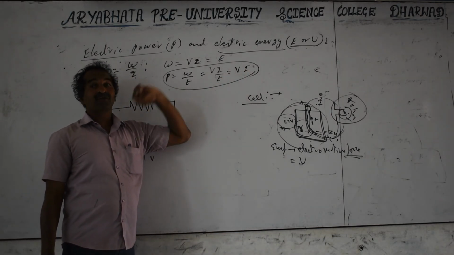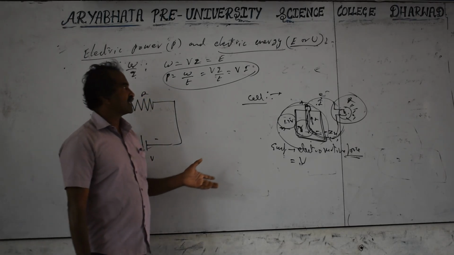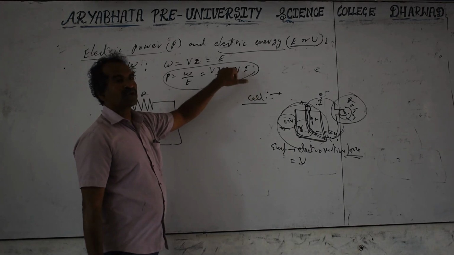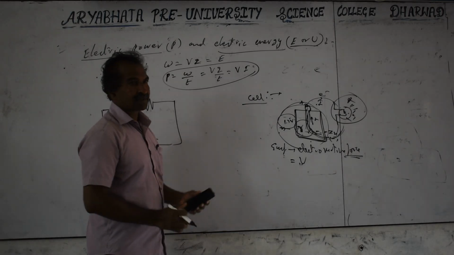And V equals IR is the formula we have from Ohm's law, where R is the resistance value, such as filament resistance. By substituting V equals IR, you get different forms of these expressions. These points I will discuss again.